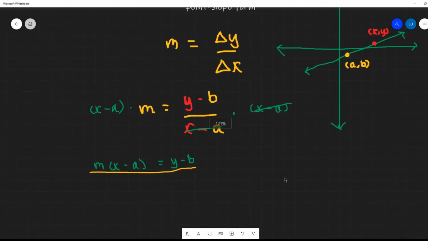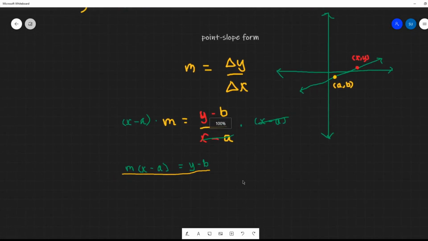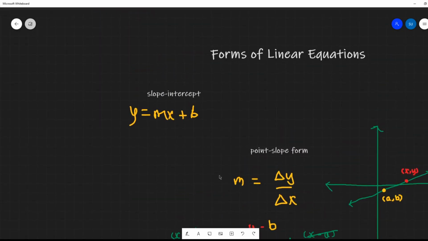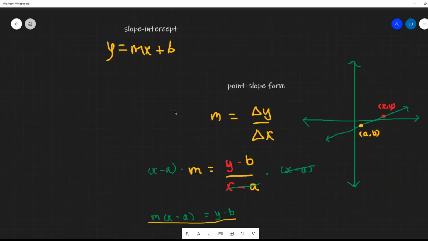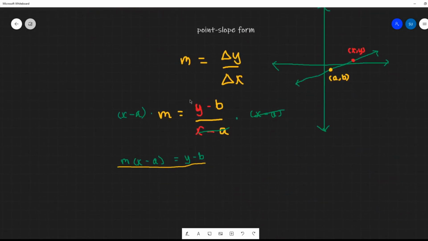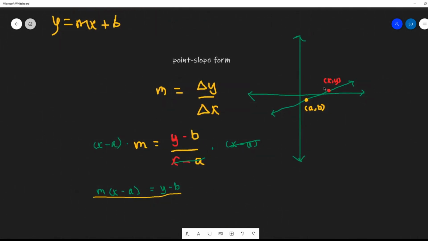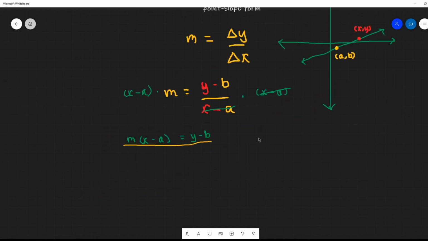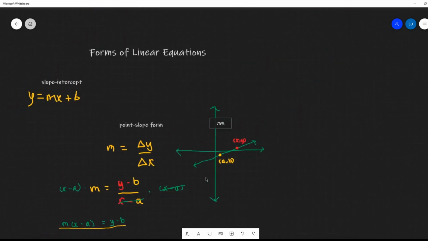So you might wonder, why would I ever use point slope form when I already have a simple form like slope-intercept? And the reason why slope-intercept is way more common is because it's easier to use in a lot more scenarios than point-slope form. And also, who wants to memorize 3 different complex formulas?